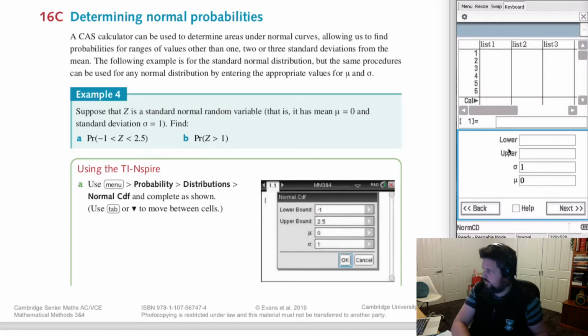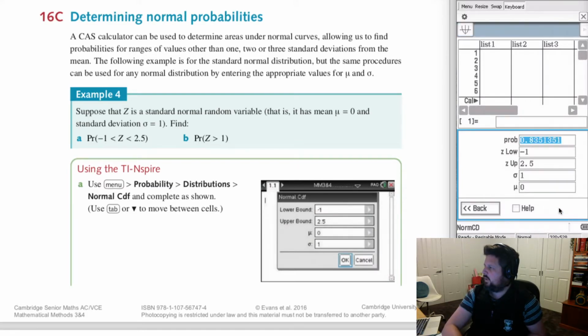So again, we'll do A. Lower is -1 through to 2.5, and we've got the mean of 0 and the standard deviation of 1. We can click next. Cool, and it tells us the probability there.